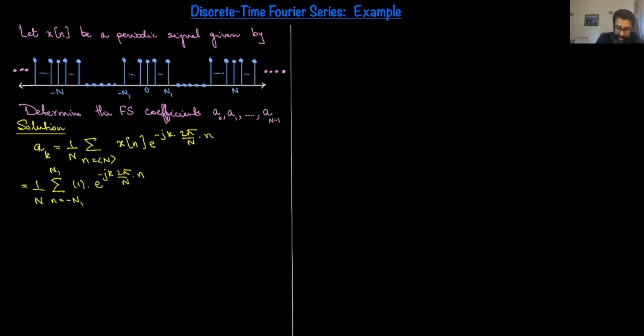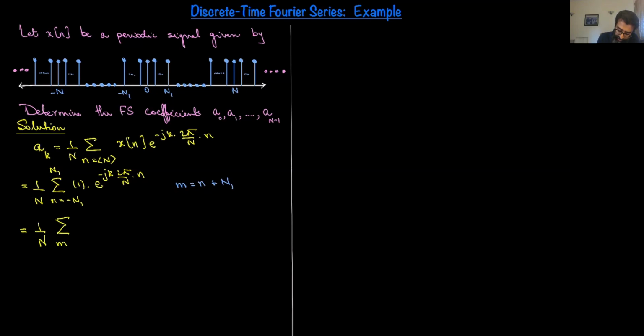So if I make a change of variables, so if I say that m equals small n plus N1, then I see that when small n equals minus N1, m is going to be equal to 0. So I bring this finite series sum into a standard relationship that we're familiar with. So this becomes equal to 1 upon N, and the summation now is going to be over the new variable, which is small m.